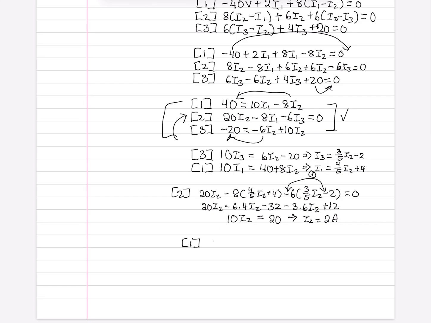So we have 40 equals 10 I1 minus 8 I2, which is just 2, where we get 40 equals 10 I1 minus 16. Yes, 16. And then we have 56 equals 10 I1.